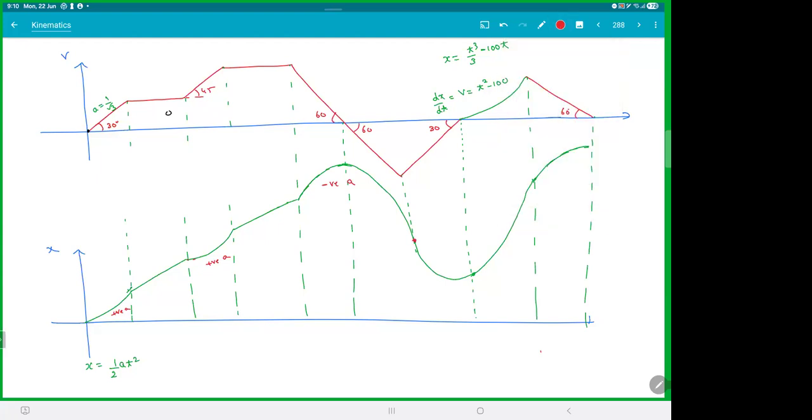So from here to here, these are all parabolas. Wherever the acceleration is constant, it is a parabola. Velocity is constant, straight line. So that's how you can figure it out. If v is constant, you get a line. If you have constant acceleration, it's a parabola.